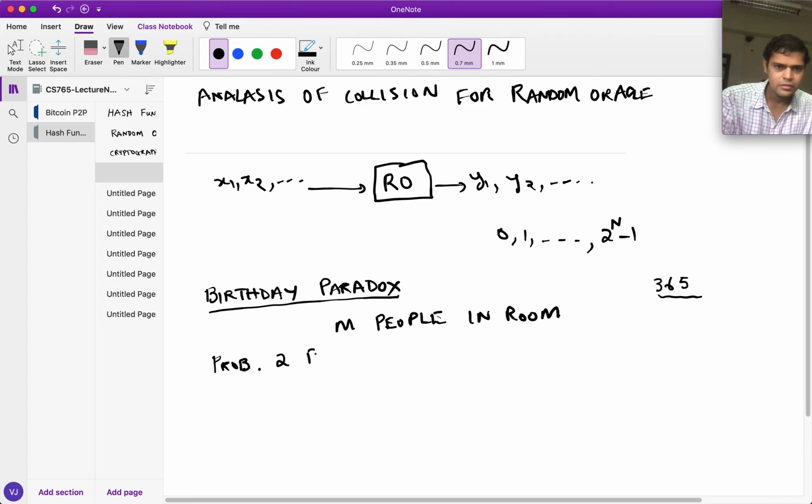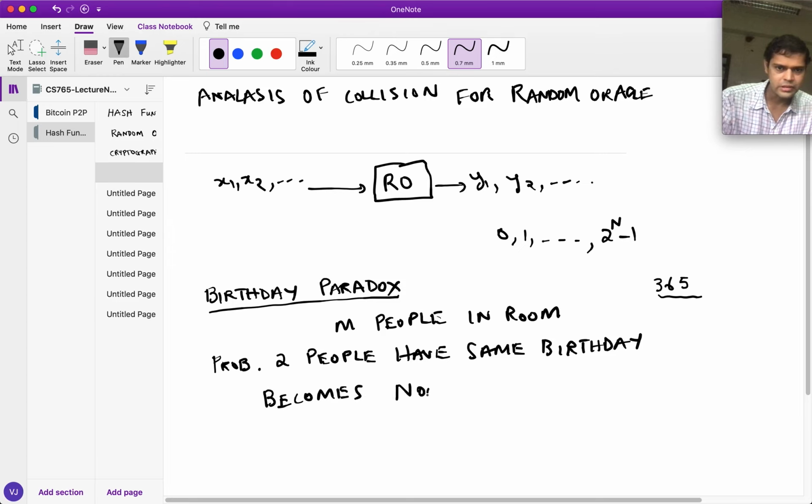The probability that 2 people have the same birthday becomes non-negligible. I'm just not being too precise here.